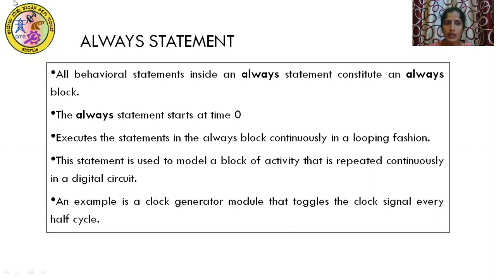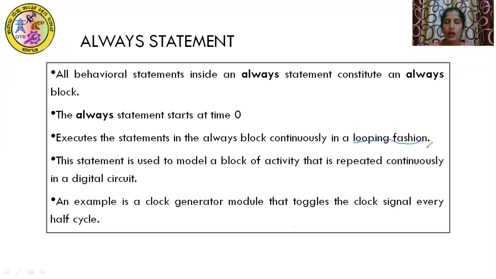The always statement starts at time 0. The execution of the always statement will always begin at time 0, and executes the statements in the always block continuously in a looping fashion.